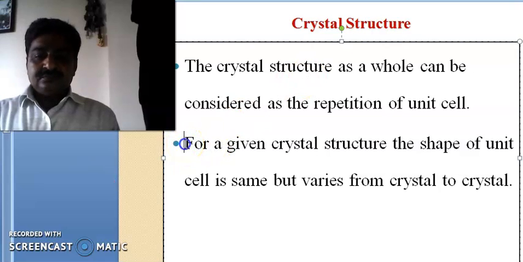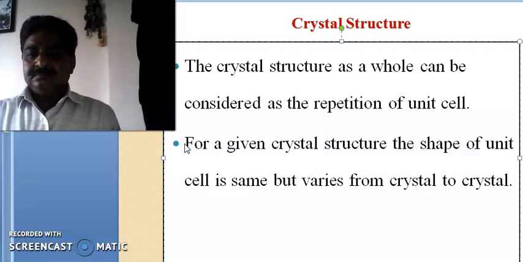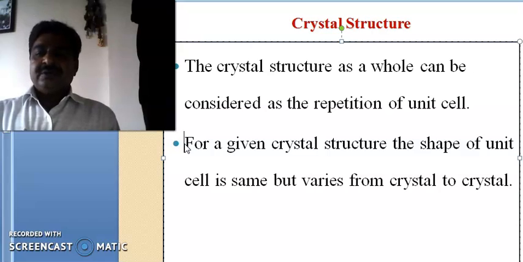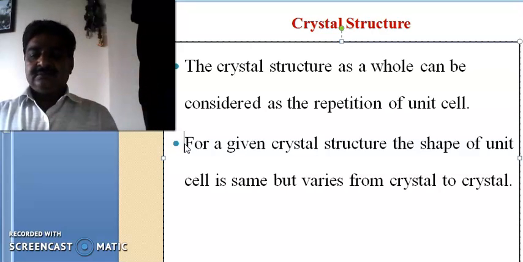Whenever you think about the shape of the unit cell in each crystal, remember that the shape of the unit cell is fixed, and it varies from one crystal to another crystal.